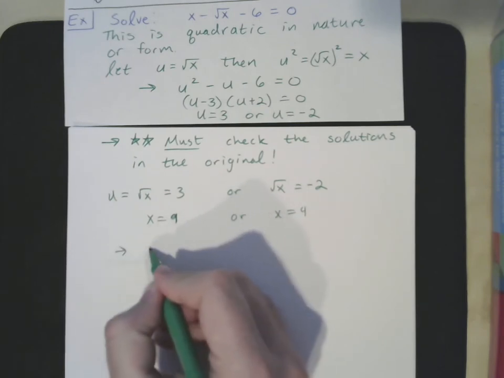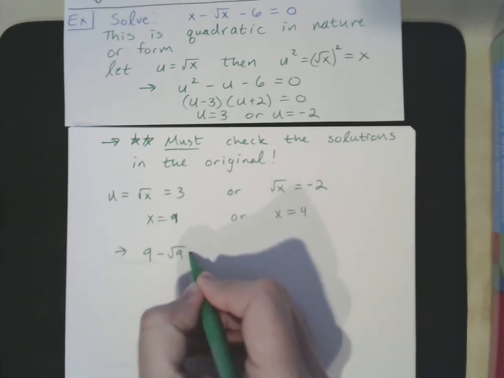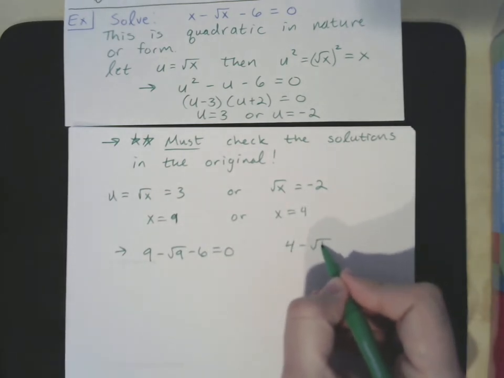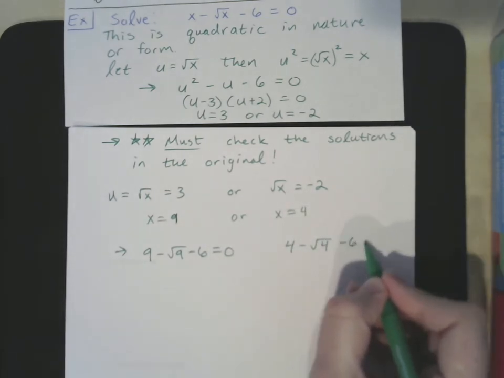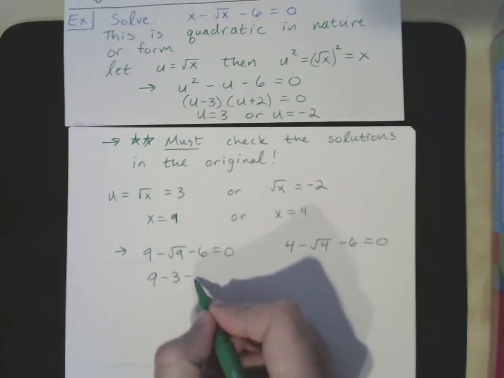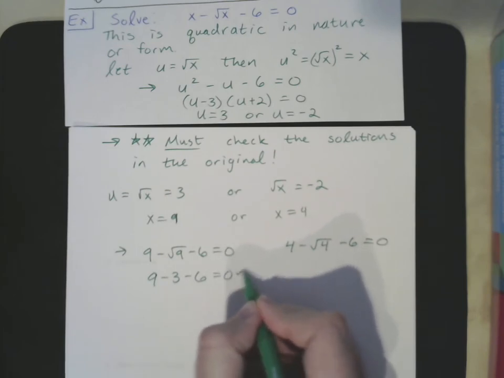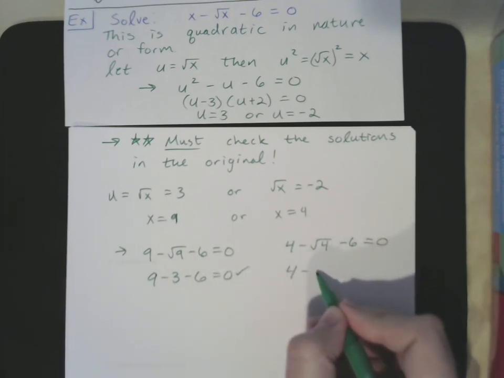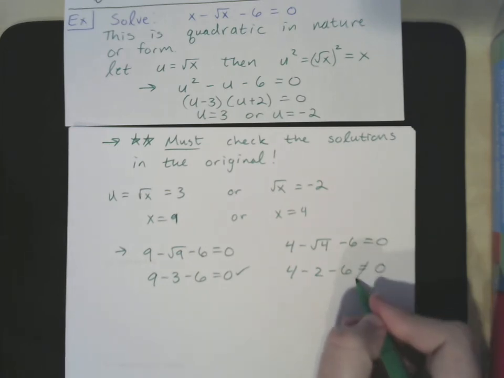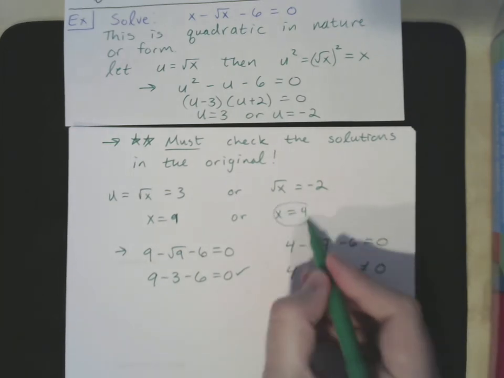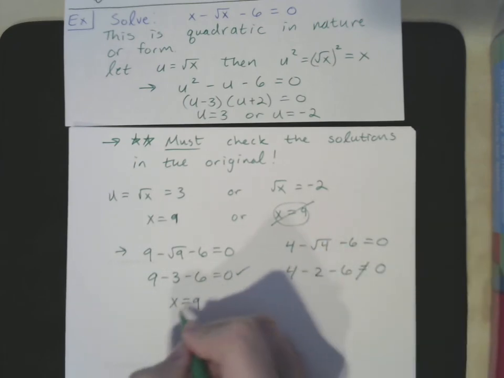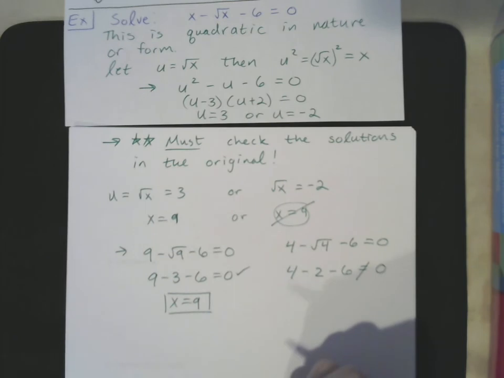We have 9 minus the square root of 9 minus 6 should equal 0. And 4 minus the square root of 4 minus 6 should equal 0. This is 9 minus 3 minus 6 should equal 0. That one works. This is 4 minus 2 minus 6 should equal 0. This one does not work. So we cross it out, and x equals 9 is our final answer here.